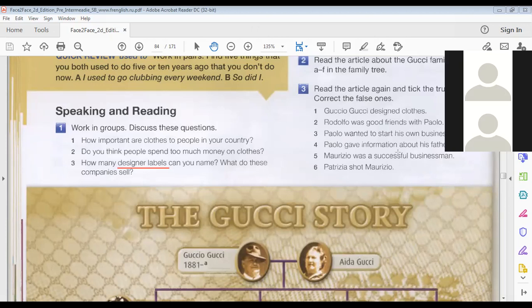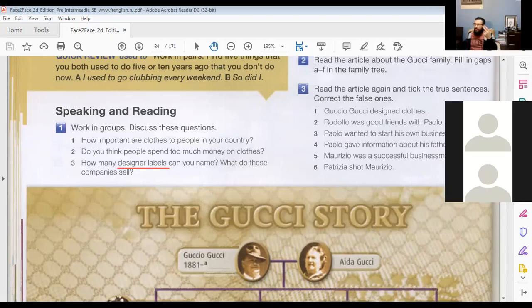Okay, now I have a question for you. How many designer labels can you name? Let's make a list. Let's see how many you can think of. We have Gucci. What else do we have? Giorgio Armani. Louis Vuitton. Marc Jacobs.